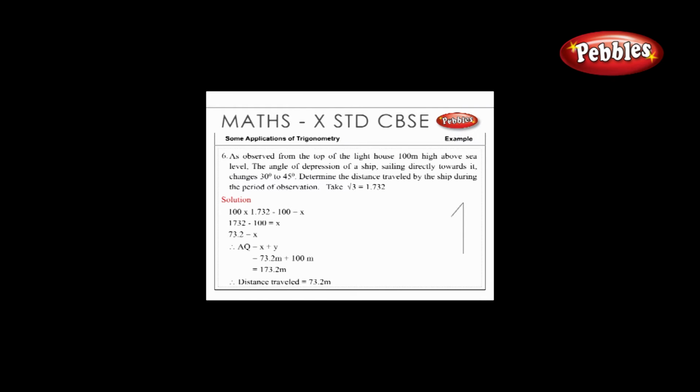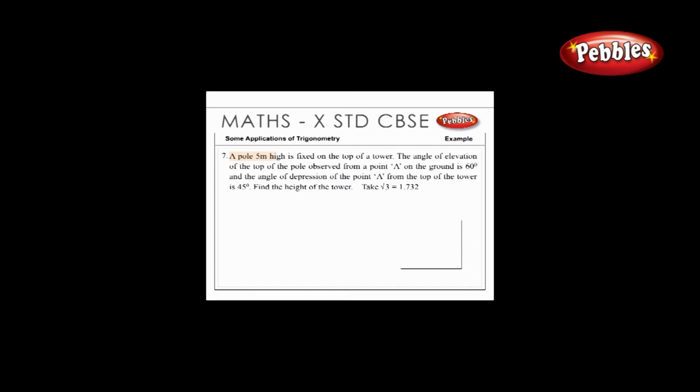We get x is equal to 73.2. Therefore, AQ is equal to x plus y is equal to 73.2 meter plus 100 meter is equal to 173.2 meter. Therefore, the distance travelled by the ship during the period of observation is equal to 73.2 meter.